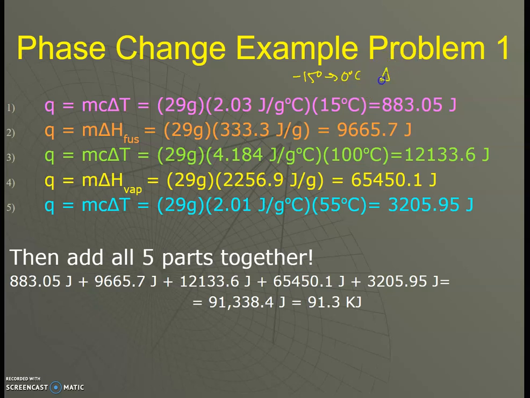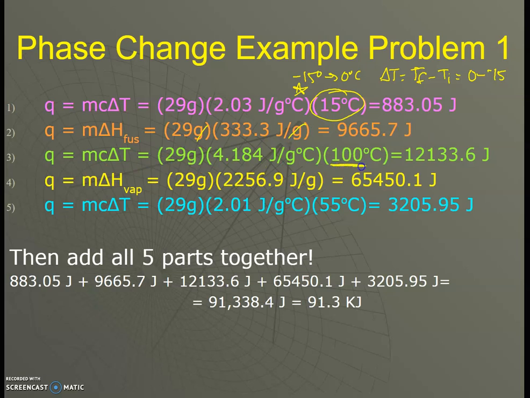Since delta T is TF minus TI, you are going to see that we are 0 minus negative 15, or a positive 15 degrees Celsius. That is possibly the second most common mistake that I see. Then 29 times 333.3 joules per gram, so my grams will cancel out, leaving joules.